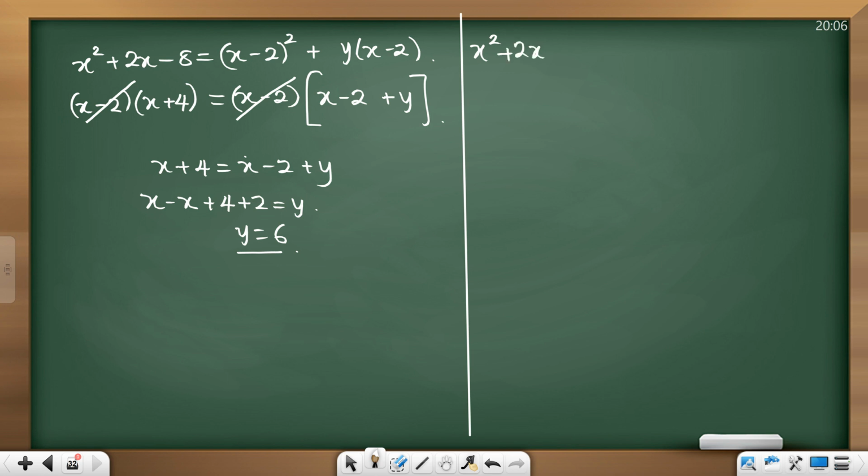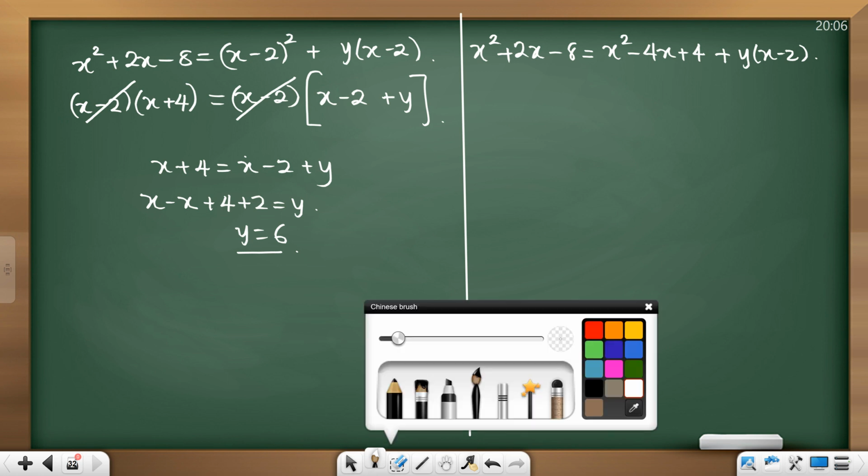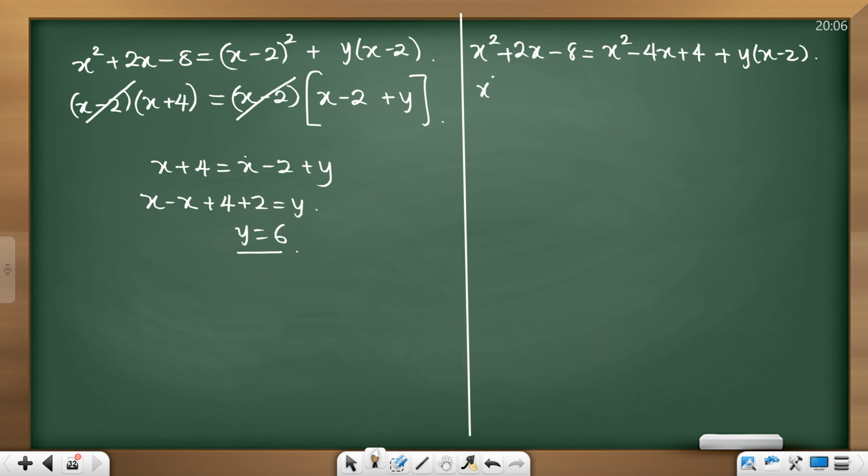Right? Plus 2x minus 8. Let's expand. Minus 4x plus 4. X squared minus x squared will give me a 0 there, right? That cancels. X plus 4x minus 8 minus 4.